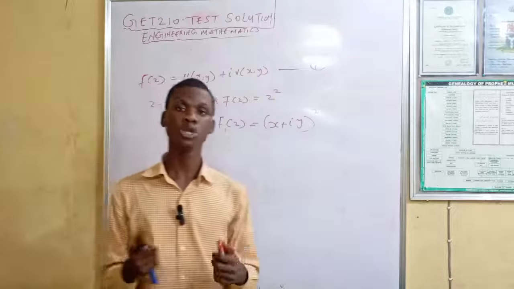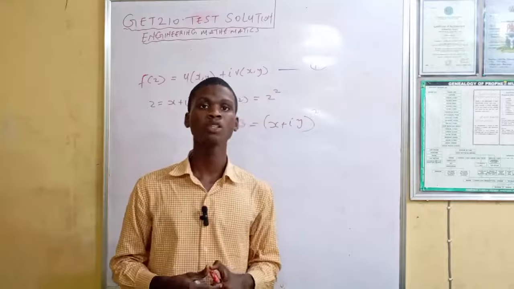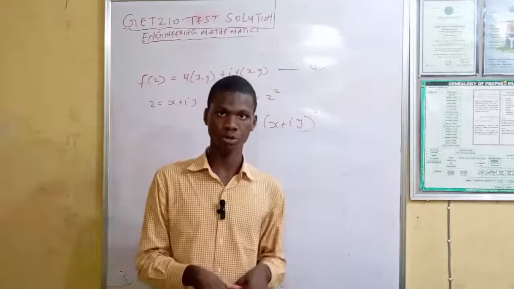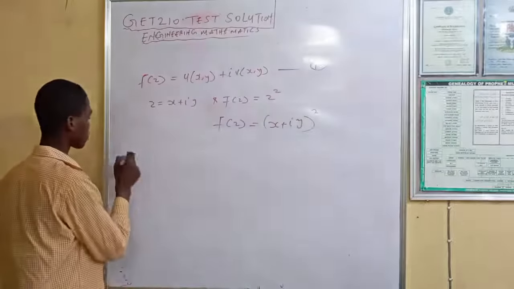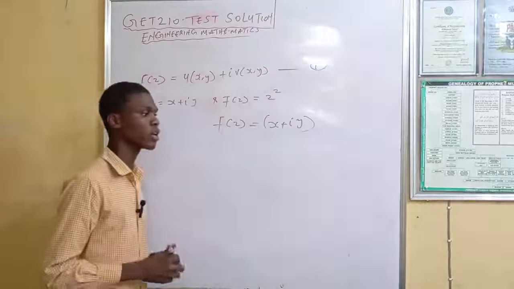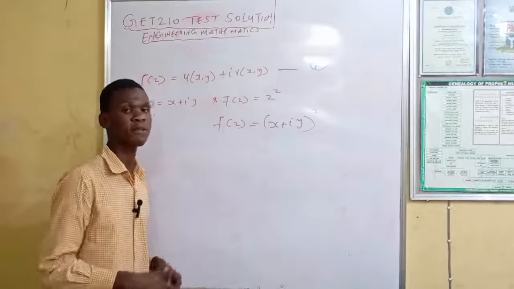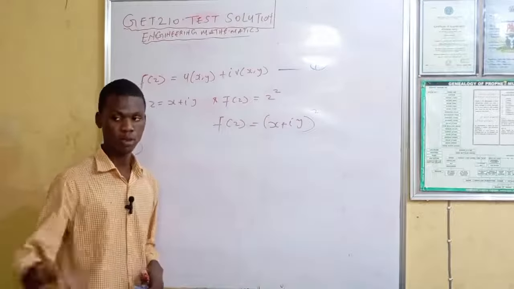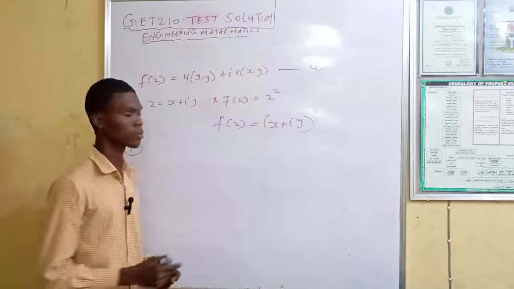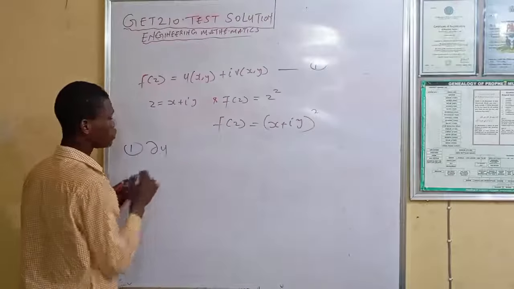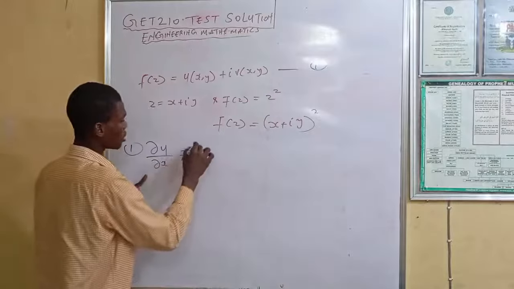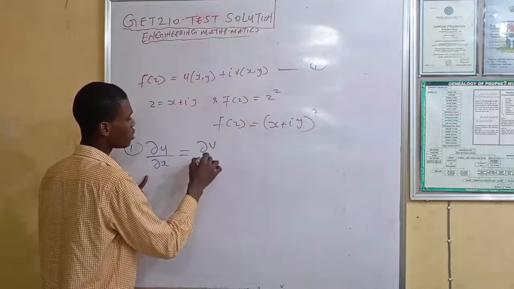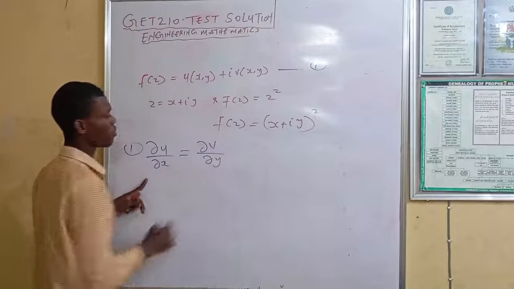All I need to do here is to recall the conditions for a function to satisfy the Cauchy-Riemann equations. If it satisfies them, it means the function is analytic. The first condition: the partial derivative of u with respect to x is equal to the partial derivative of v with respect to y.